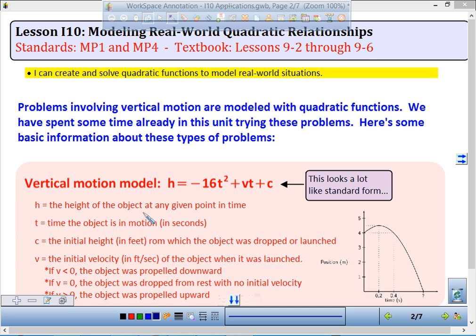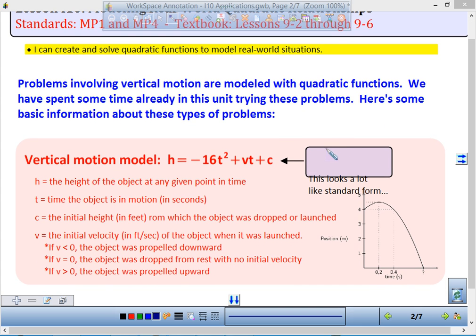T represents time, and C represents the initial starting height, where an object is dropped or launched from. V is the initial velocity when the object is let go or launched. And all of that is right here as well.